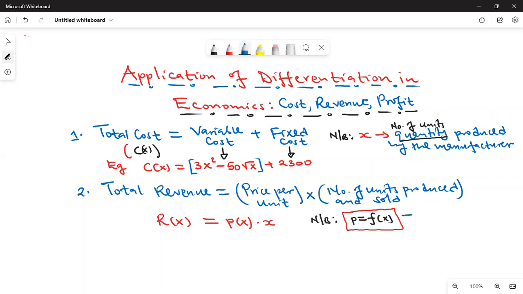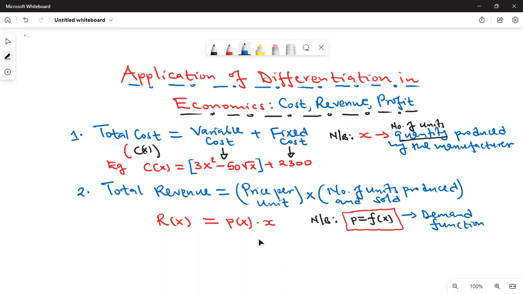This one here is called the demand function. So to get the revenue, you multiply price per unit and the number of units produced and sold.